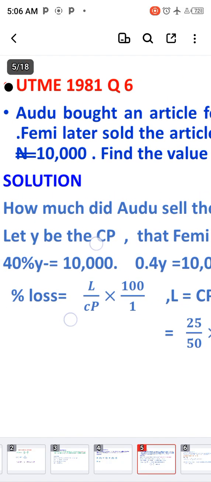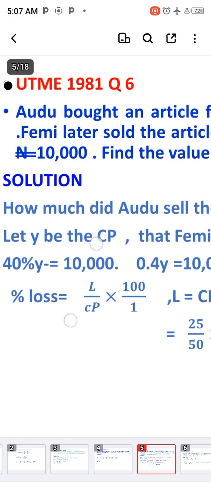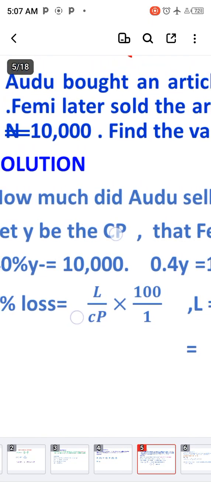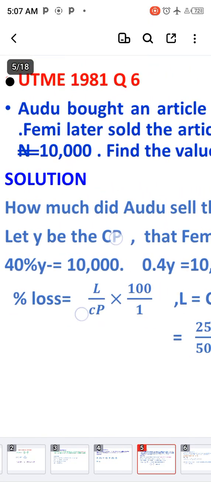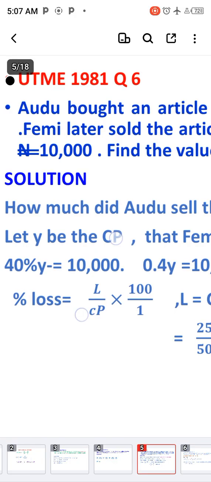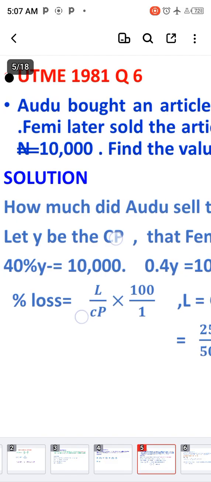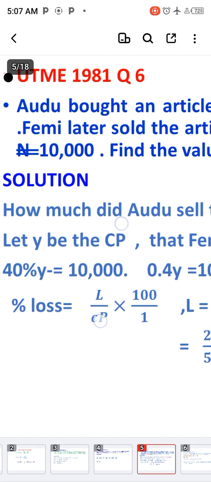40% over 40% is equal to 10,000 over 40%. And 40% is as good as 0.4. So we are going to use 0.4 to divide 0.4 on the Y side of the equation, and on the other side of the equation we use 10,000.